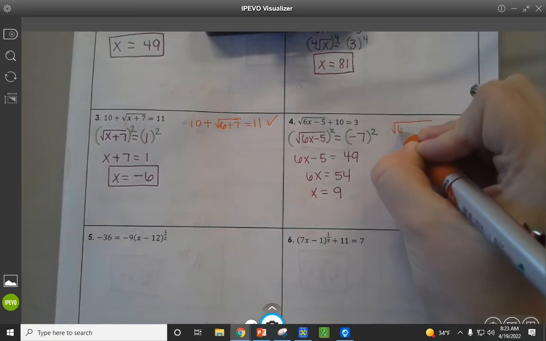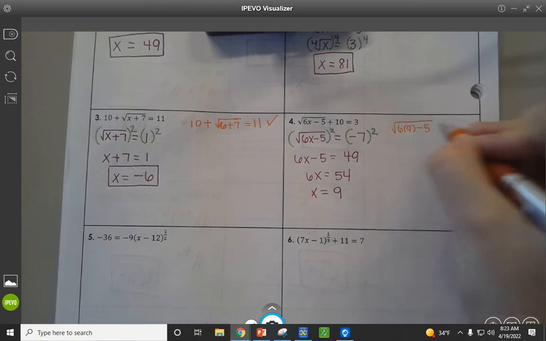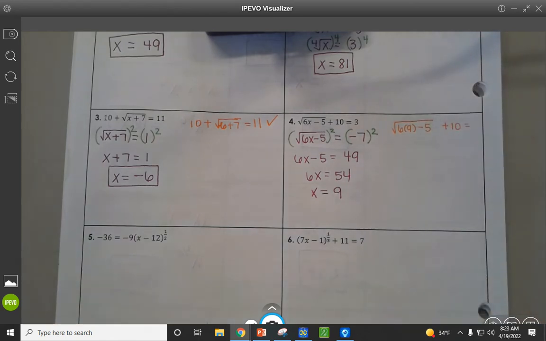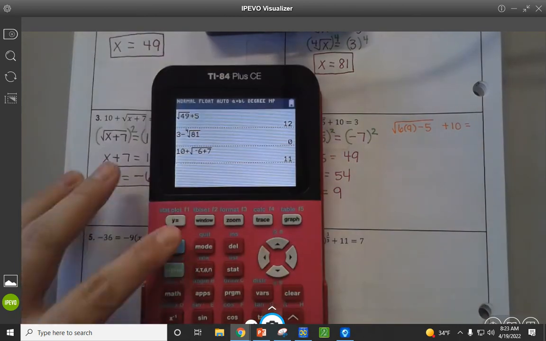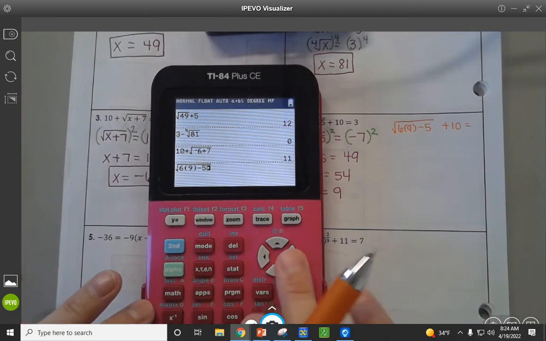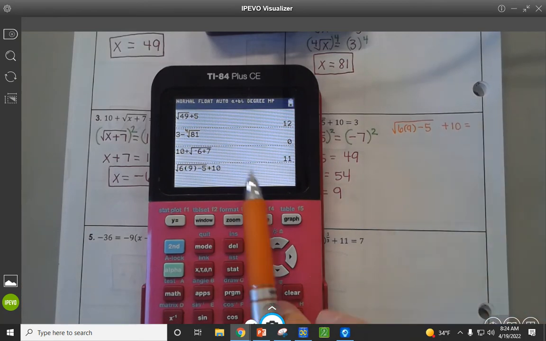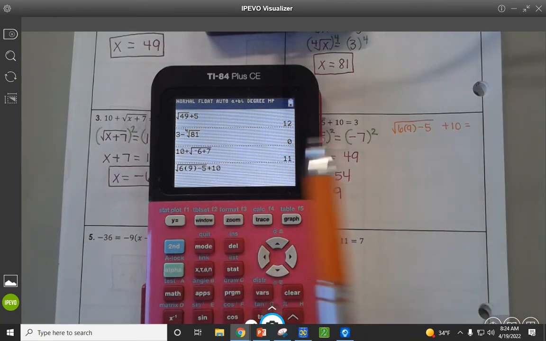Make sure that you do your plus 10 outside of the square root, so you have to arrow over. And we get 17. It was supposed to equal 3. So it does not work, meaning there is no solution.